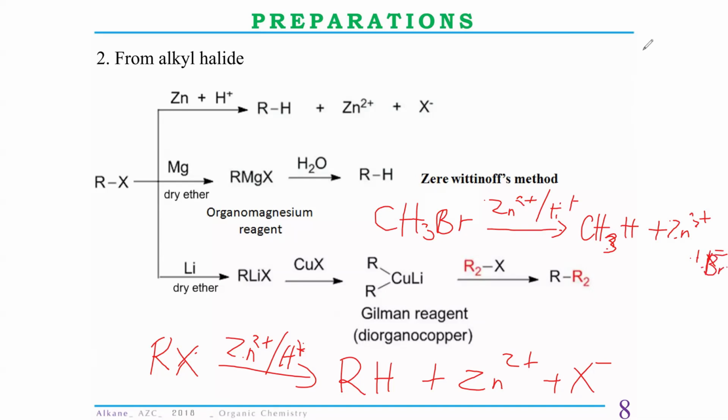So when you have this, it means that you have CH4. So from methyl bromide, you can get methane. So that is in this case.